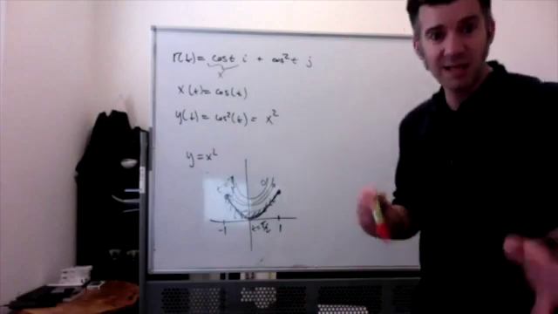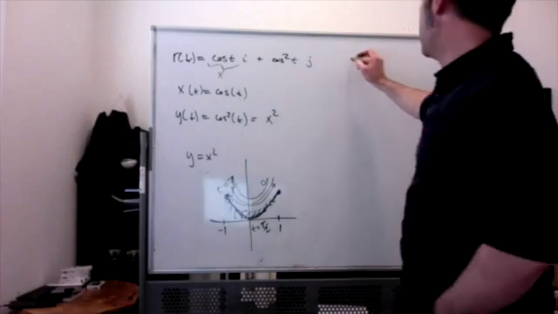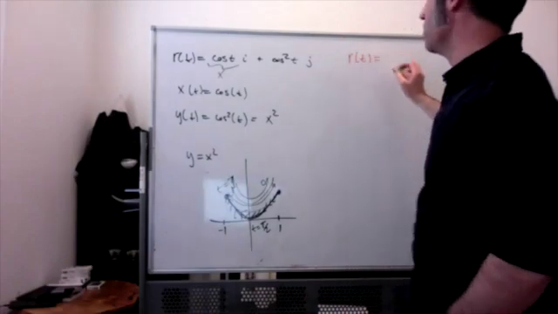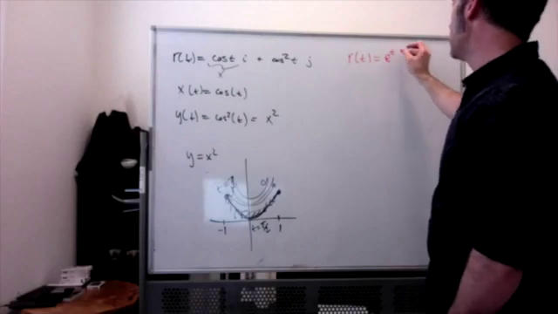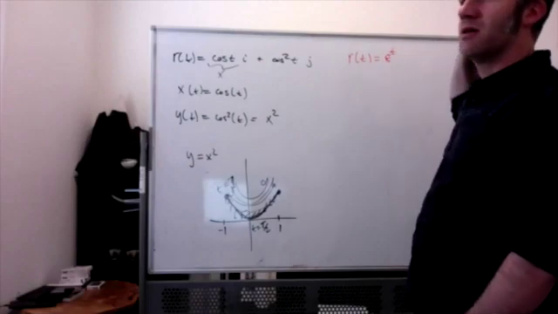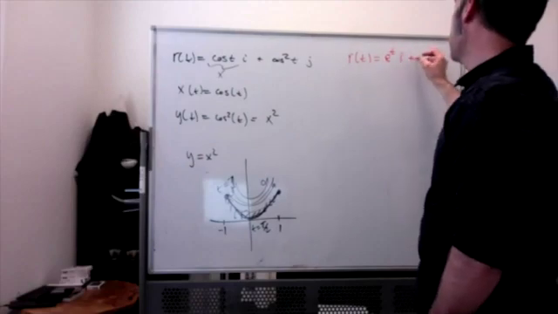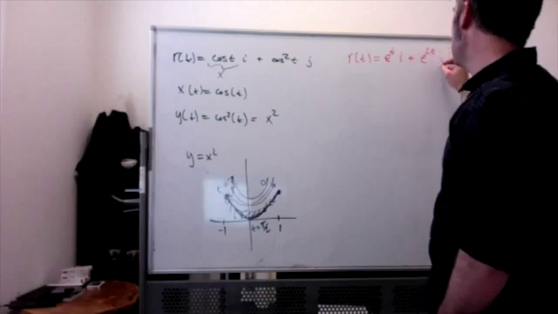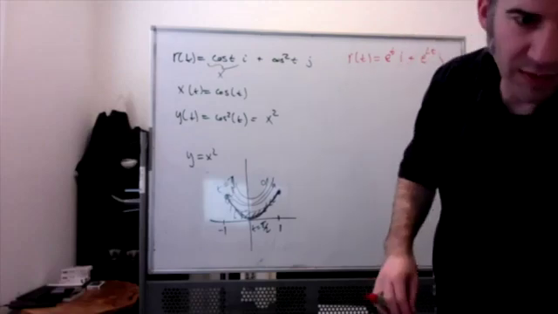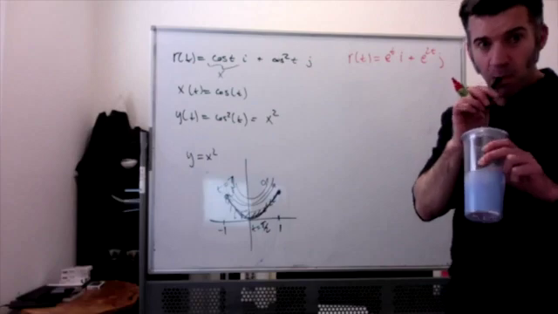Here's a similar but slightly different equation. What if we had r of t equal to e to the t i plus e to the 2t j? Well, now we've got the same sort of situation.